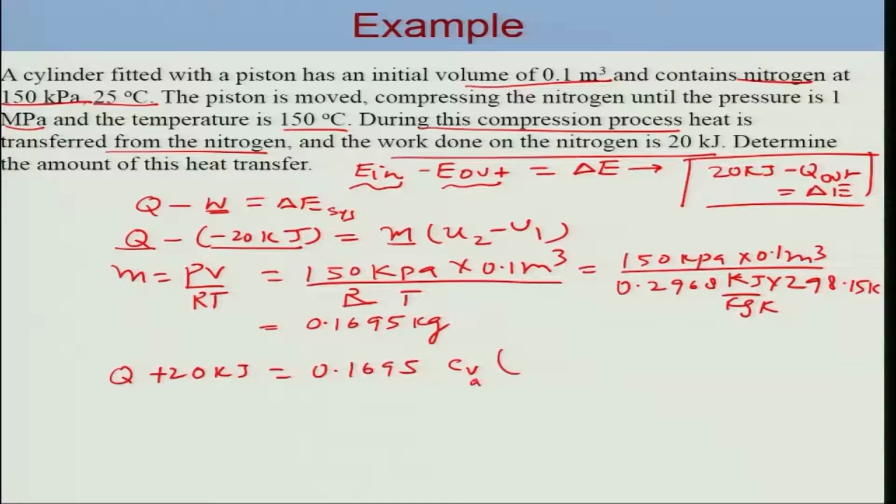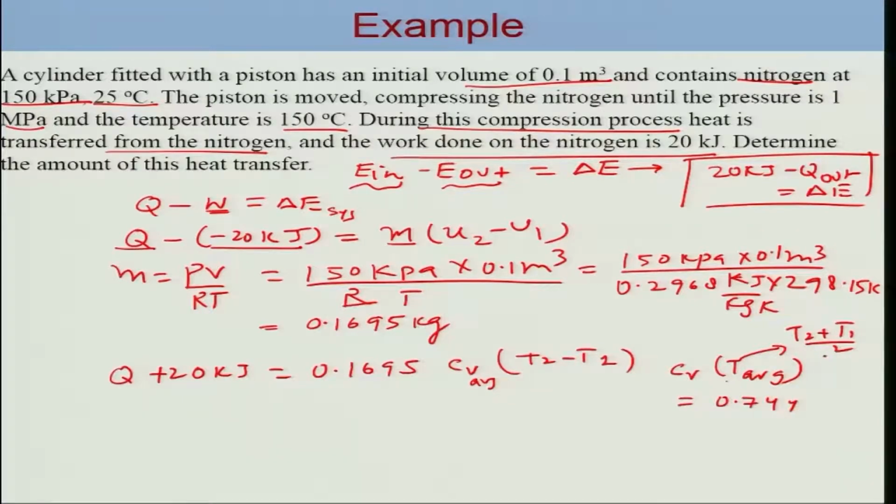What we can do is look at the tables, and first we find Cv at a specific T average, which is going to be T2 plus T1 divided by 2, and from the table this value comes out to be 0.744.